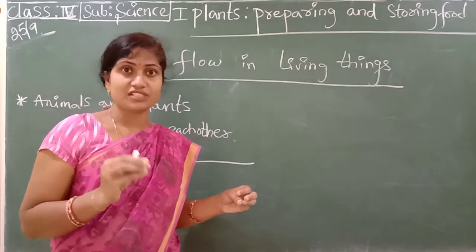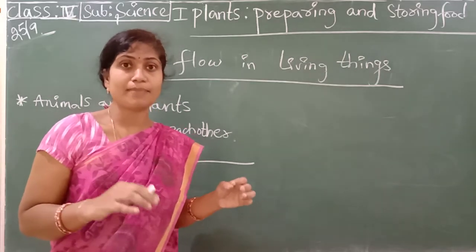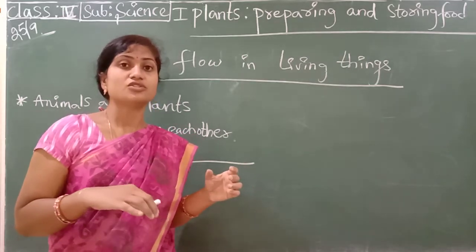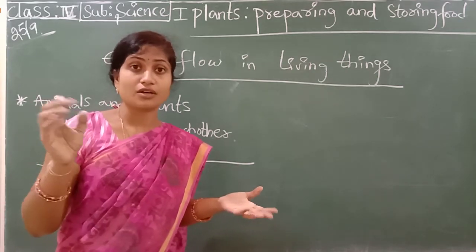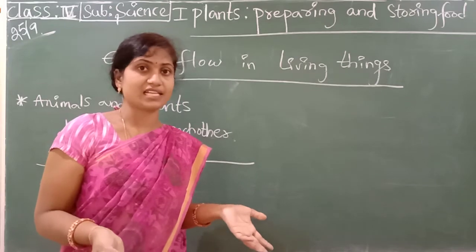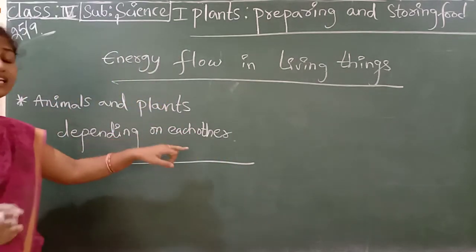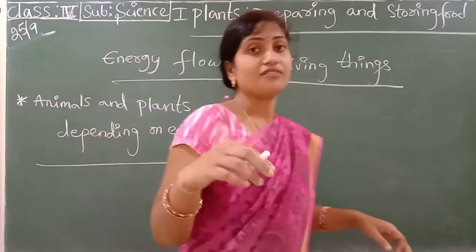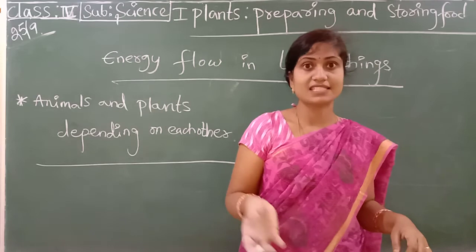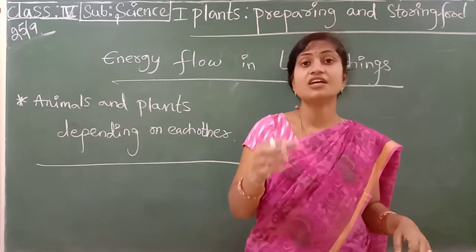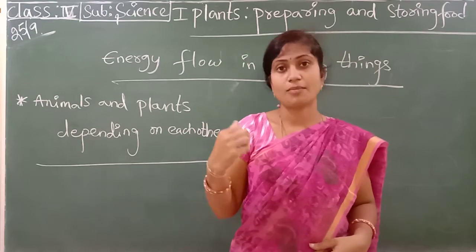In our nature, first of all, plants give us oxygen. And we give out carbon dioxide. So plants and animals depend on each other. We take oxygen and give out carbon dioxide, and the plants give oxygen and take in the carbon dioxide.